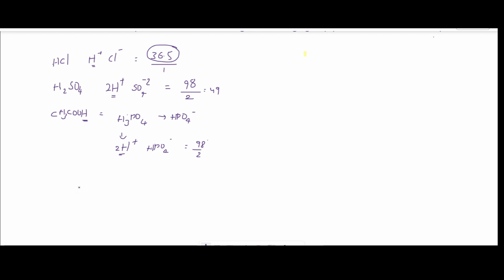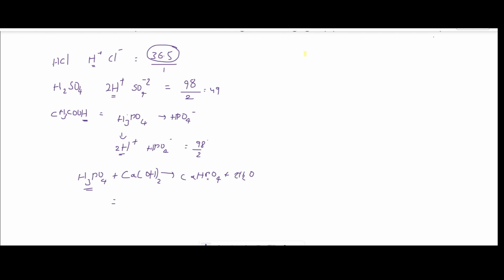Okay, if you have a reaction like H3PO4 plus Ca(OH)2 gives rise to CaHPO4 plus 2H2O. So when you want to calculate H3PO4 equivalent mass here, what will be the formula?